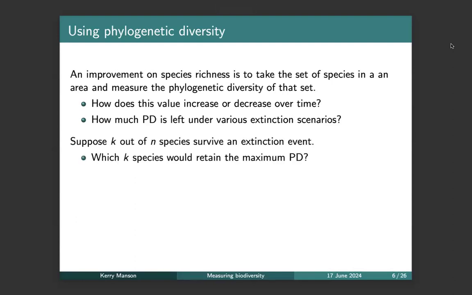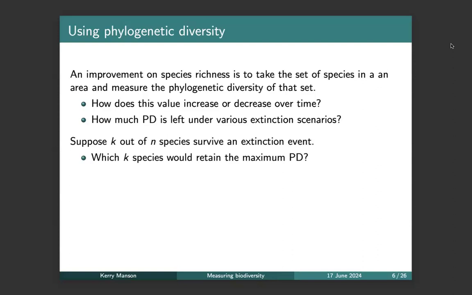And we can think about particular extinction events. Maybe we have K species out of a total of N species that survive some extinction event. Well, maybe there's a difference of outcome depending on which K species survive the extinction event.